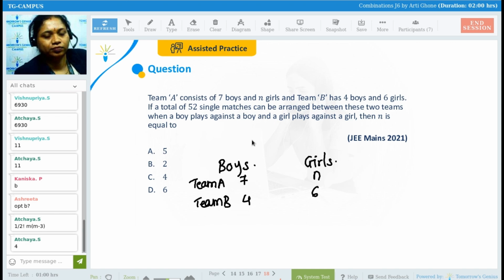So it's 7 into 4, we have 28. And girls is 6 into n, that is 6n. So we add it, 28 plus 6n, which they gave as 52. So if I calculate that, I get 4.